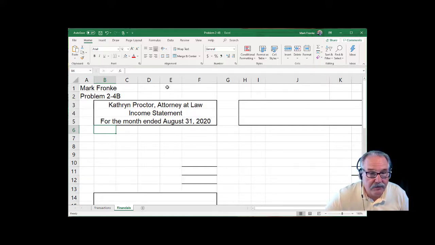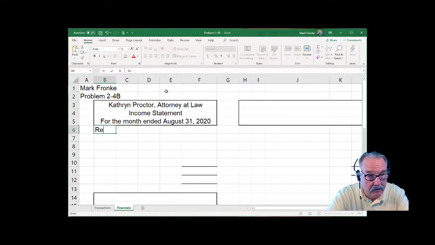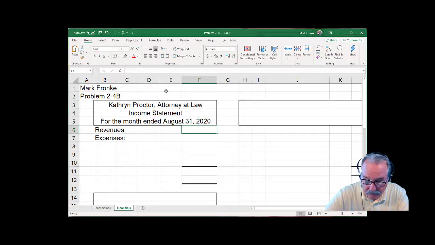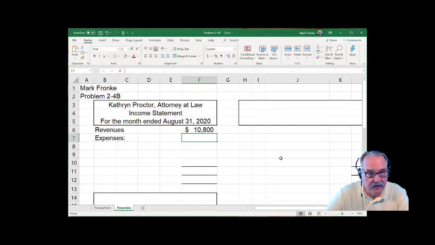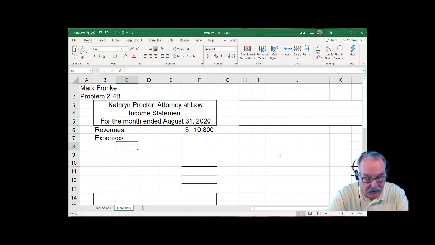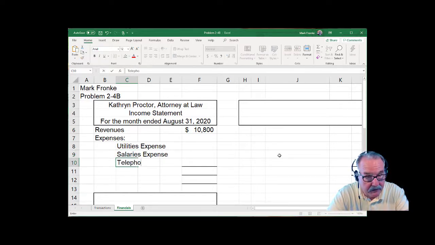So, income statement is always first, and what is it? It's revenue minus expenses. And our revenue from our schedule is $10,800. I'm just going to link it, and I'm going to put a dollar sign on it. And then we have three expenses in this problem. We could have more, but right now we just have three. It's utilities expense, salaries expense, and telephone expense.